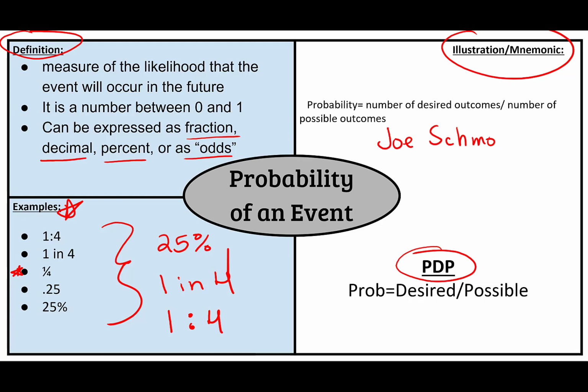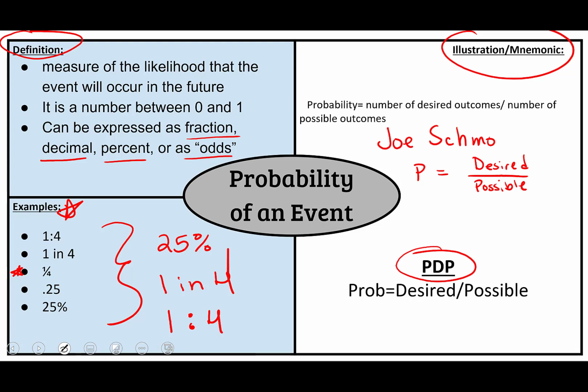So I take my probability equals desired outcomes, D, over possible outcomes, right?